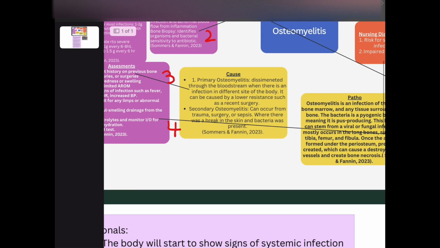Secondary osteomyelitis can occur from trauma, surgery, or sepsis, or when there is a break in the skin and bacteria is present. As we know, people who are really at risk for breaks in the skin are people who have diabetes mellitus, because they have a higher risk of neuropathy, poor wound healing, and reduced blood flow, particularly in the feet.